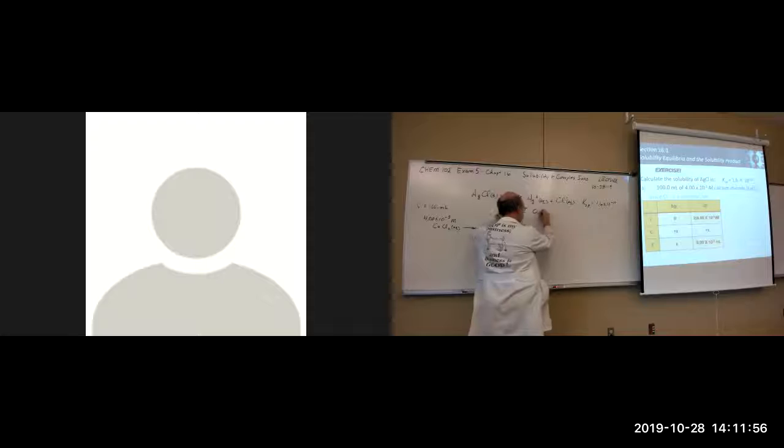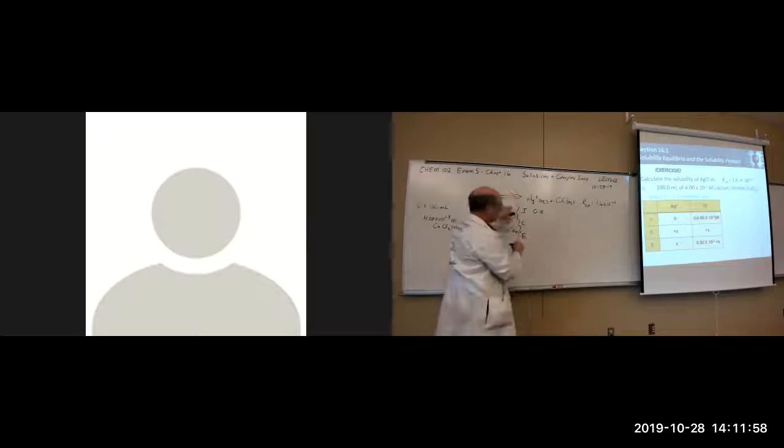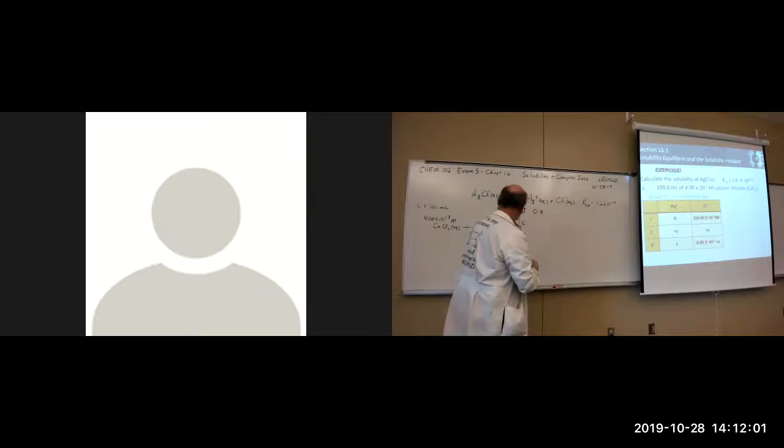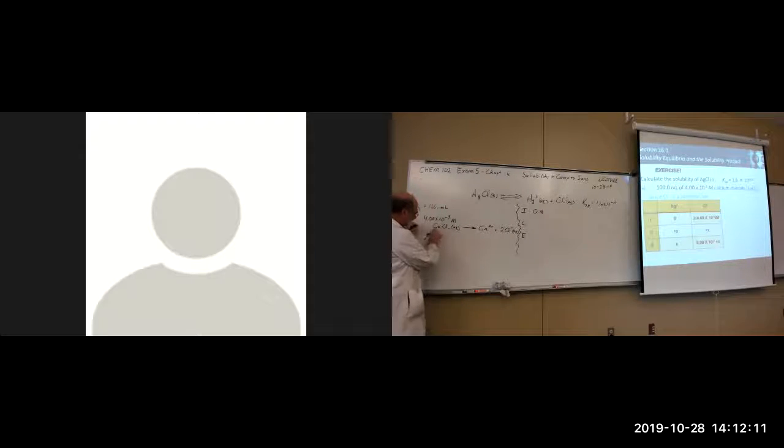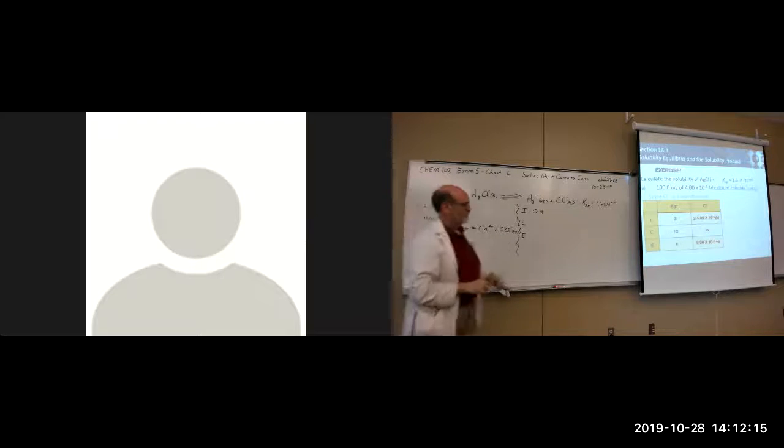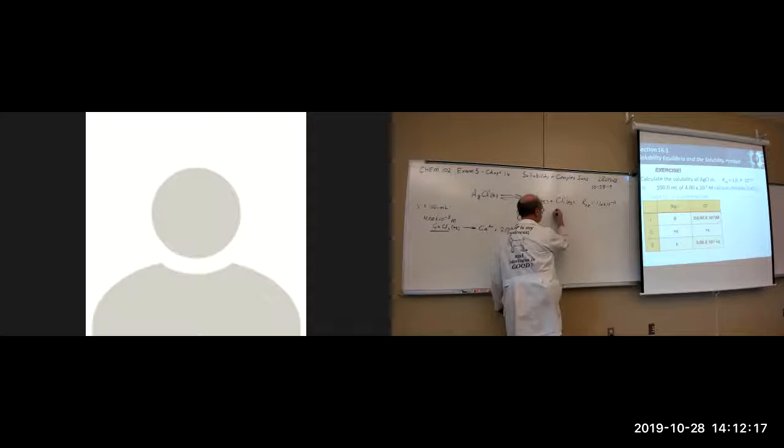Silver is 0 molarity at the very beginning. And chloride is whatever this is, right? Actually, it's the molarity of this compound. So what's the molarity of the chlorides? Well, it's 2 times 4 times 10 to the minus 3 molar.